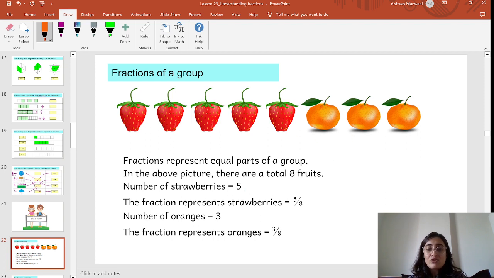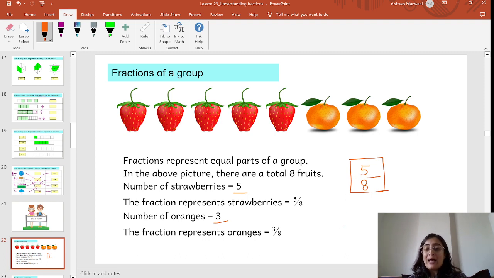The number of strawberries is 5, and the number of oranges is 3. If I ask what fraction of the given fruits represents the strawberries, it is 5, because there are 5 strawberries, upon the total number of fruits, which is 8. So 5 by 8 represents my number of strawberries.